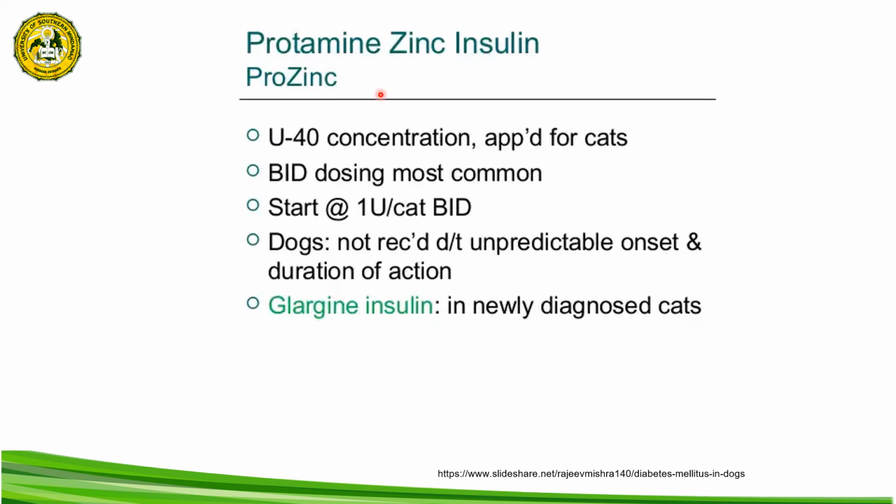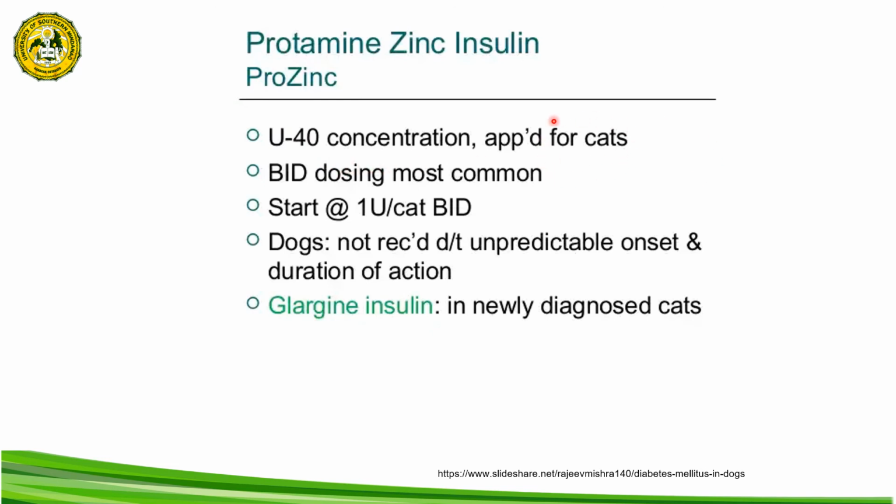We also have the protamine zinc insulin or the PZI. It is used extensively in feline diabetes, and it is typically given subcutaneously twice daily with a starting dose of 1 to 3 IU. The formulation is U40.